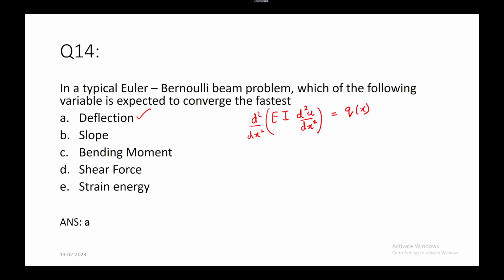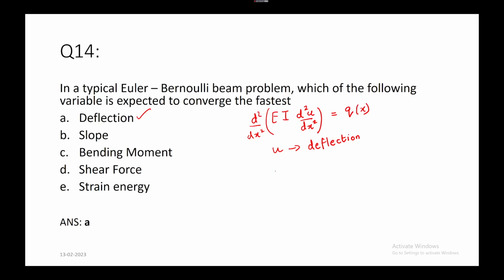So what is u in this? u is nothing but your deflection, correct? Okay.